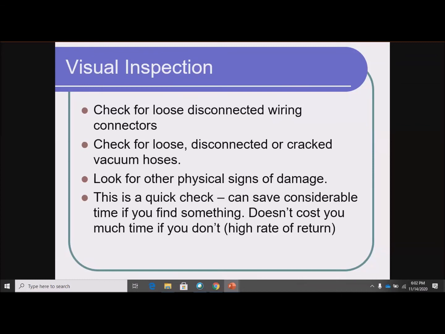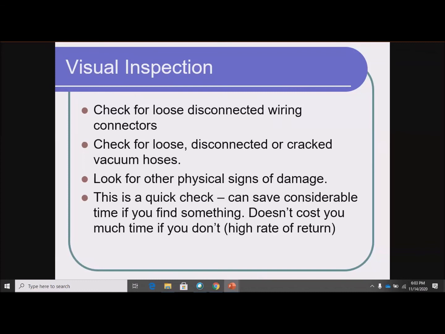Right? Here's one that only takes a minute, but can save you a whole lot of time. Every once in a while, the visual inspection finds the problem instantaneously. So check for loose, disconnected wiring connectors. Literally tug on them, make sure they're snapped in place. Loose, disconnected, or cracked vacuum hoses, other physical signs of damage. We're talking a quick check here.